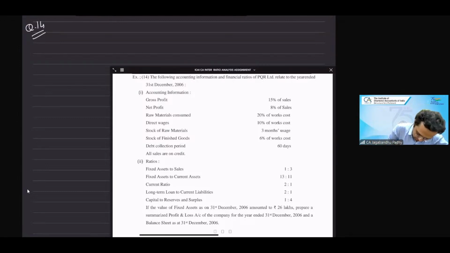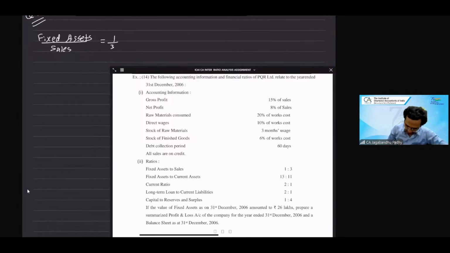Okay, so it is fixed assets to sales, right? So fixed assets upon sales is given to us to be 1/3.